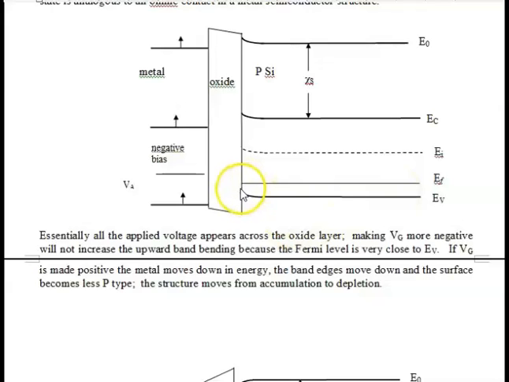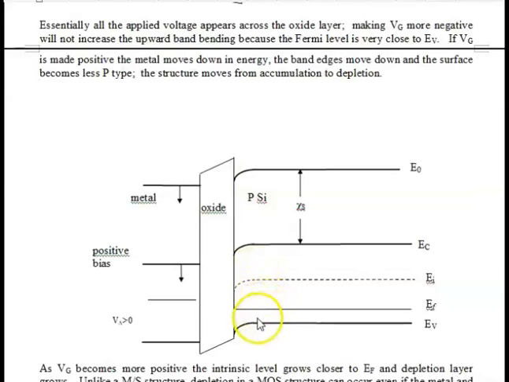So it's more P here than it is here, and therefore we have positive charge at the interface, and there is no depletion region at all. Whereas here, the surface is less P, and the only way to make the surface less P is to uncover negative charge, because it's P silicon, there are negative fixed ions at the surface. So here we have negative fixed ions right at the oxide silicon interface, and we have a situation of depletion.